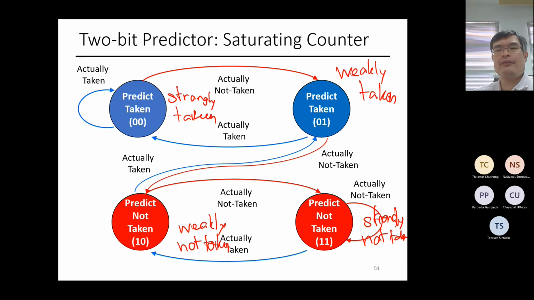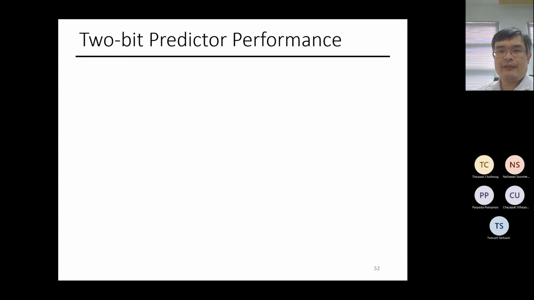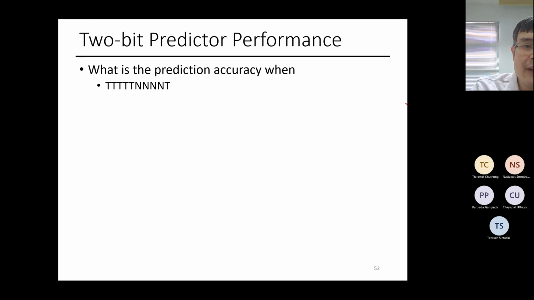Now let's look at the performance of my predictor. Let's assume the initial condition is at strongly taken. So if I'm in a strongly taken state and I see T, N, T, I'll be correct here, correct here, correct here, correct here, correct here.